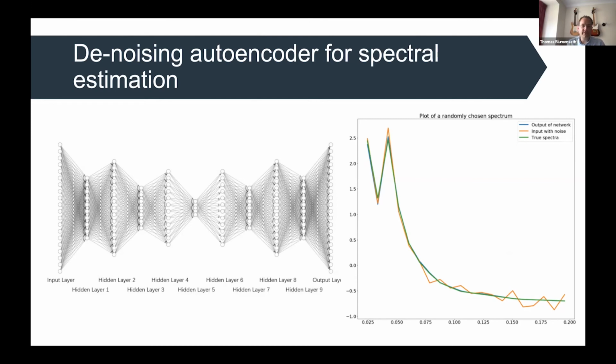We trained an autoencoder with our 20 energy bins going in and 20 energy bins coming out, but squeezed through just 2 or 3 nodes. And we train it as a denoising autoencoder. When you put a spectrum in with noise on, you get this yellow line, which is very close to your original spectrum.